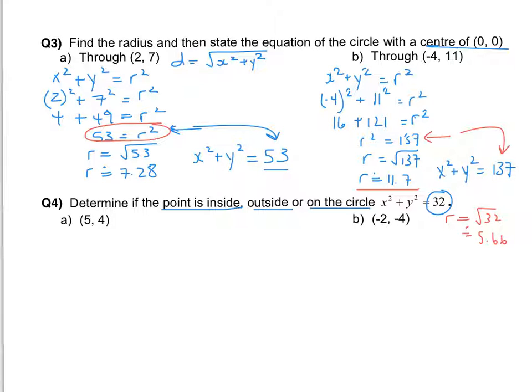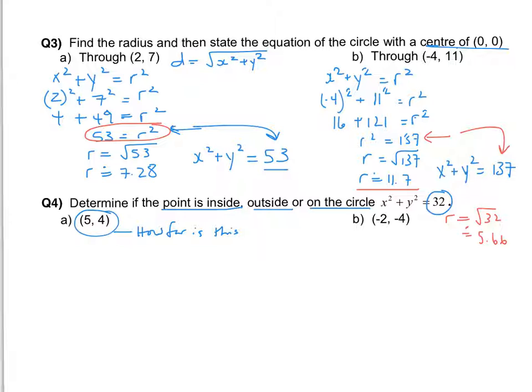What I can do here is see how far this point is from the origin. Does its distance exceed the square root of 32? In that case, if it's bigger, it's going to be outside the circle. If it's less than the square root of 32, it's going to be inside the circle, and if it's exactly equal to the square root of 32, it would be on the circle.